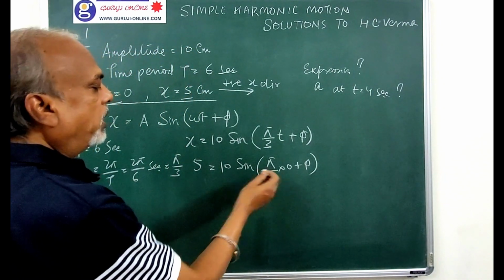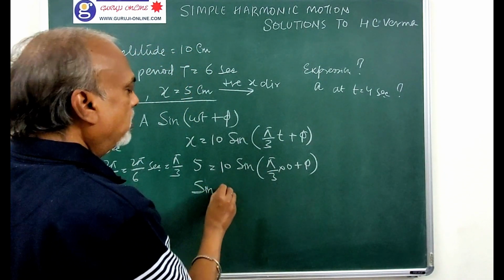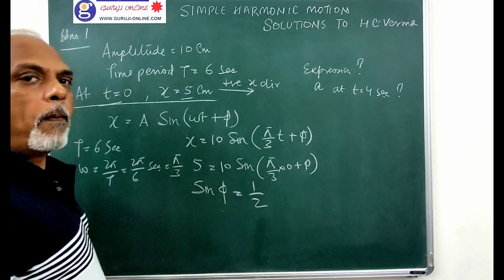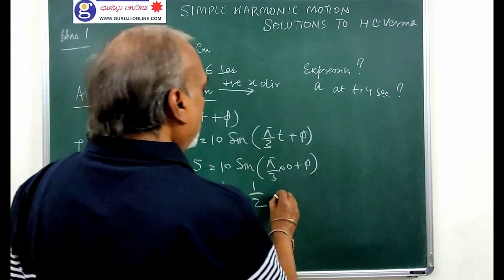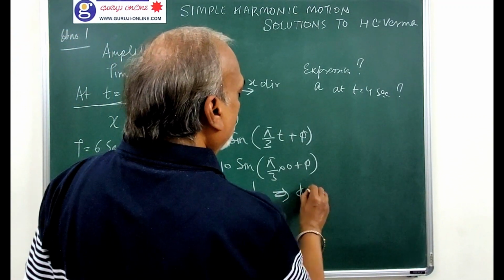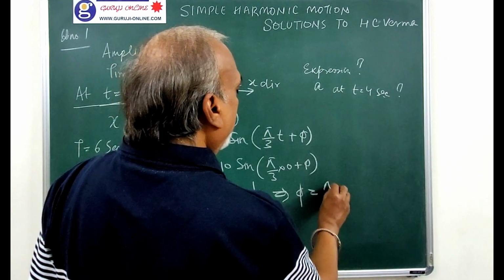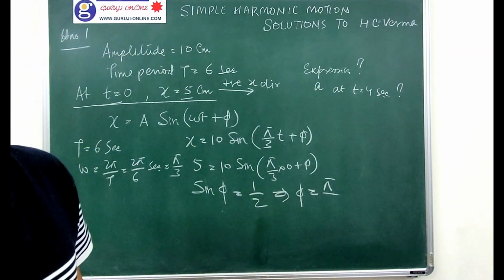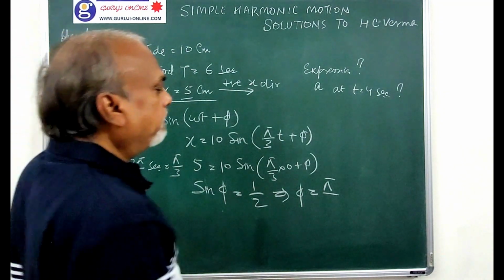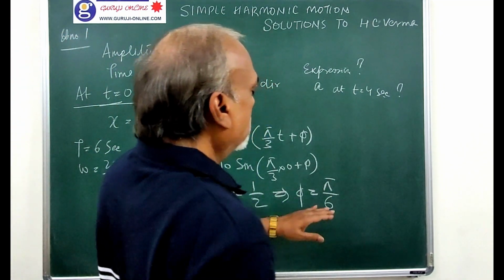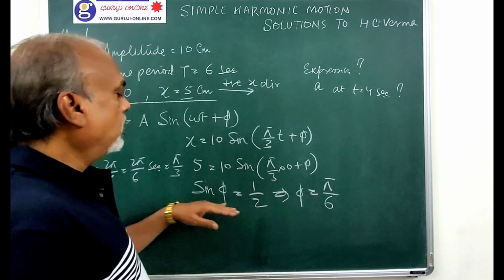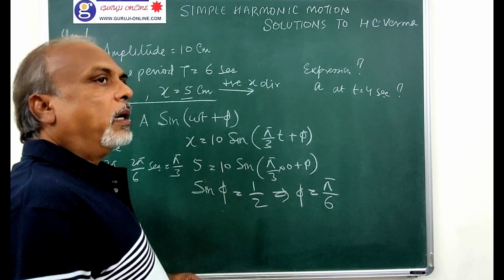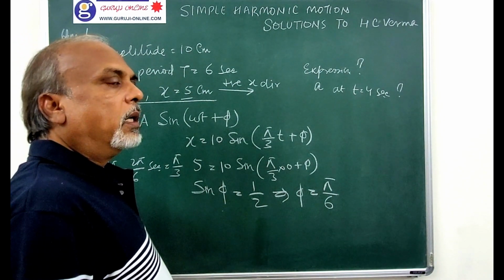With this, if you see, this will be sine phi is nothing but 1 by 2. And this gives you phi is equal to pi by 6. Correct? Because sine pi by 6 is equal to 1 by 2. Sine 30 degree is equal to 1 by 2.